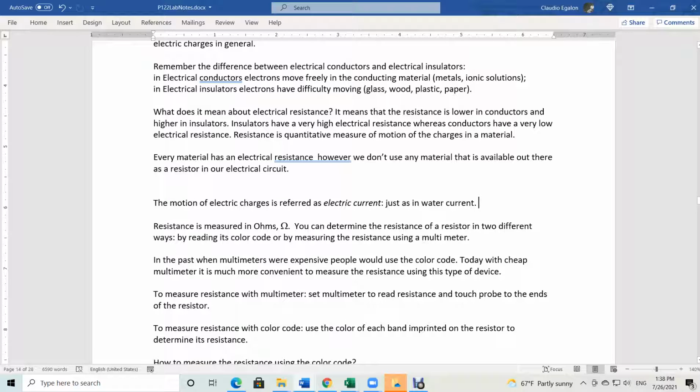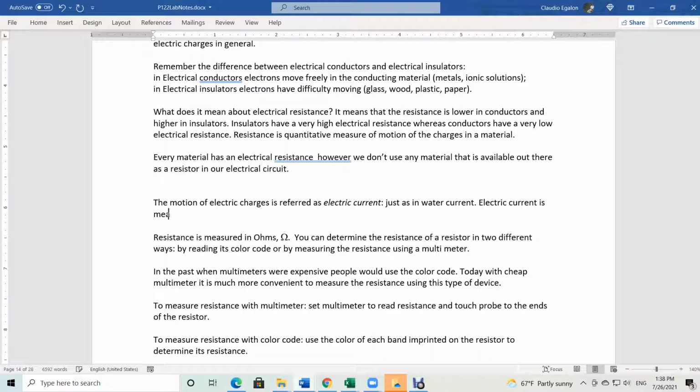Electric current is measured in coulombs per second, just as velocity is meters per second. This unit we represent by the letter A, that means ampere.